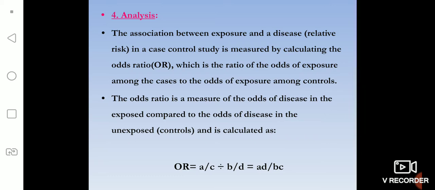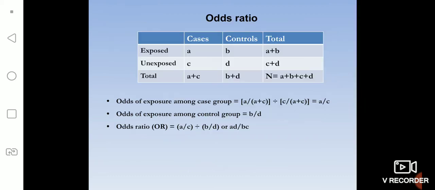So, the odds ratio is a measure of odds of disease in the exposed compared to the odds of the disease in the unexposed, and is calculated by the formula AD by BC. So we are checking the odds of exposure among the cases to the odds of exposure among controls.